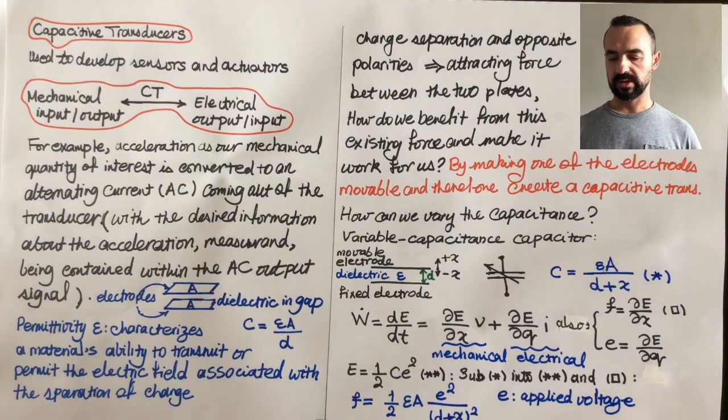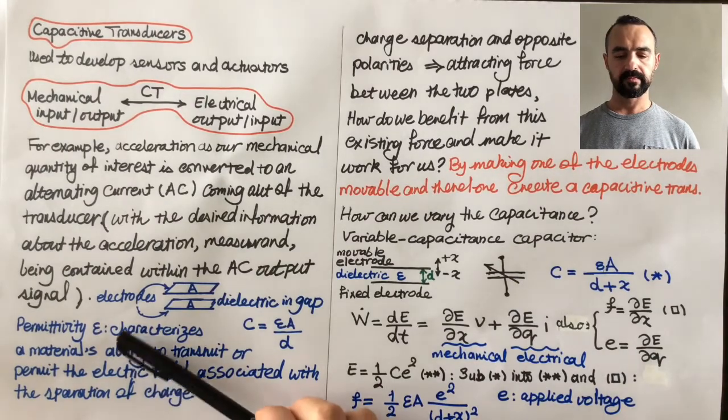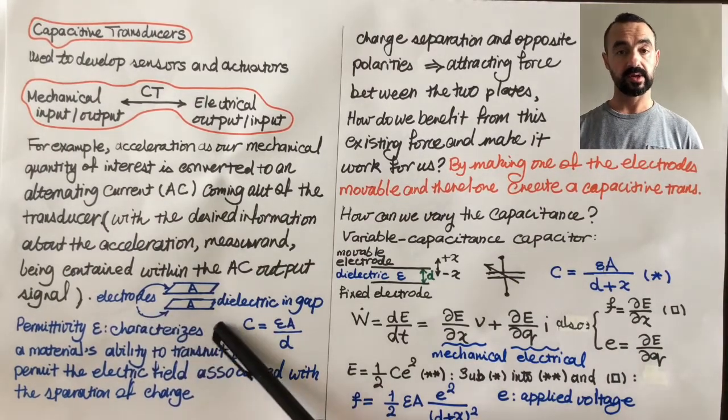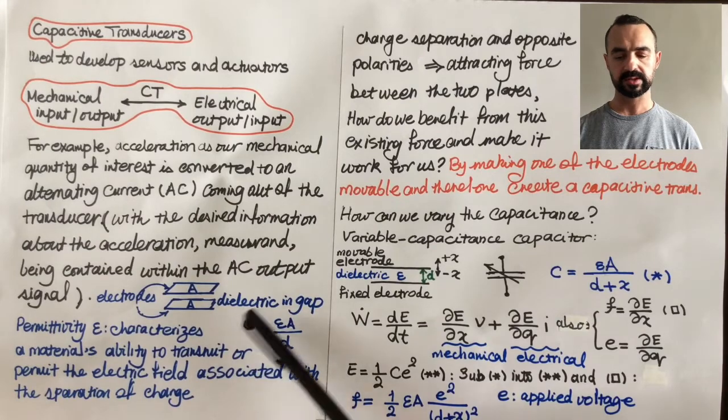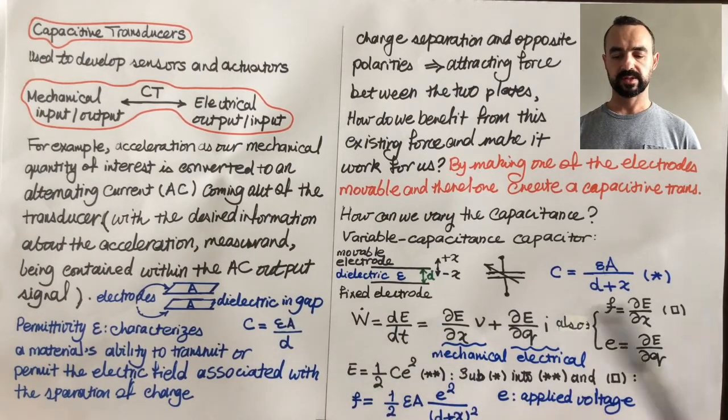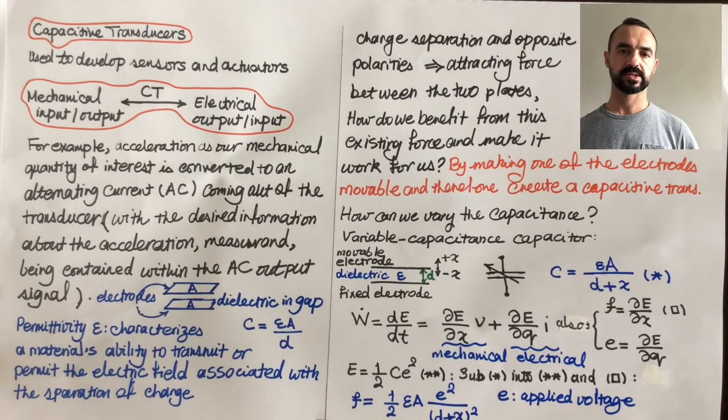In general, I'm sure you have already seen capacitors. They are essentially like this: we have two electrodes and we have a dielectric in a gap. Dielectrics are different materials, but especially in microelectromechanical systems, we simply have a type of vacuum between the two electrodes.